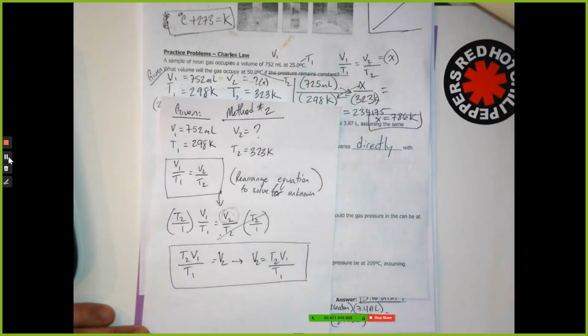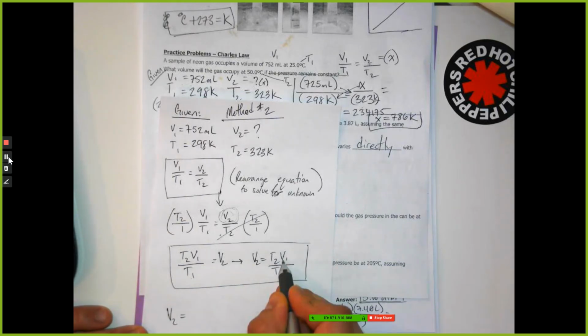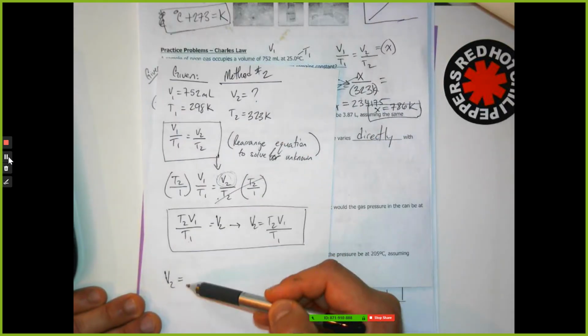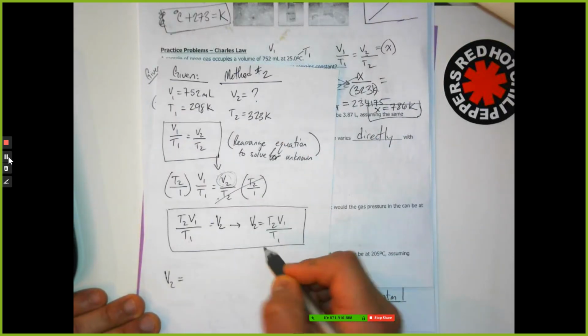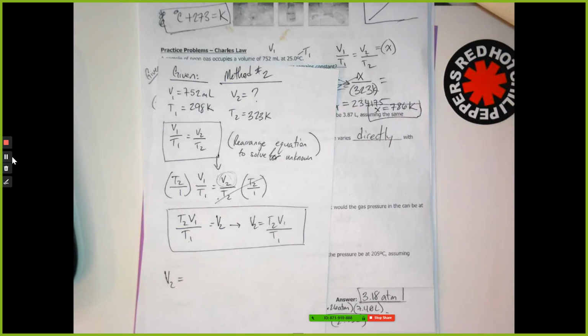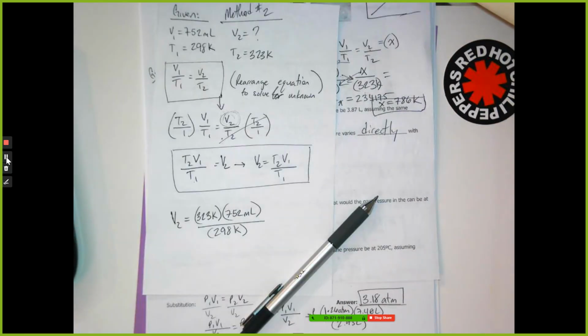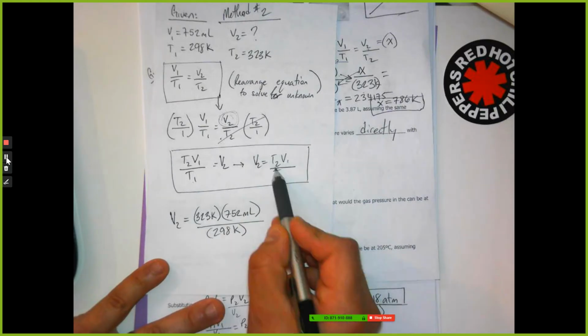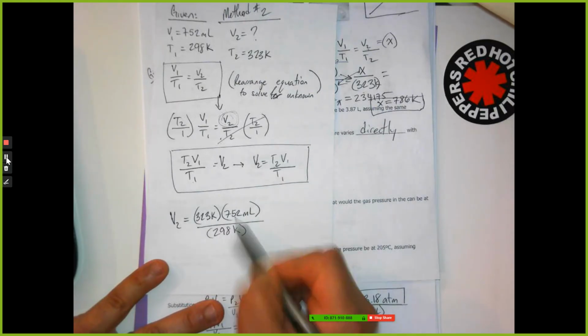So now that I have it set up, I'm going to use the numbers that were given to me and plug them into this new formula that I just created, and then I'm going to plug and chug. It's going to look like this. Okay, so here I just put the numbers in, right? Here's my T2, here's my V1, here's my T1.